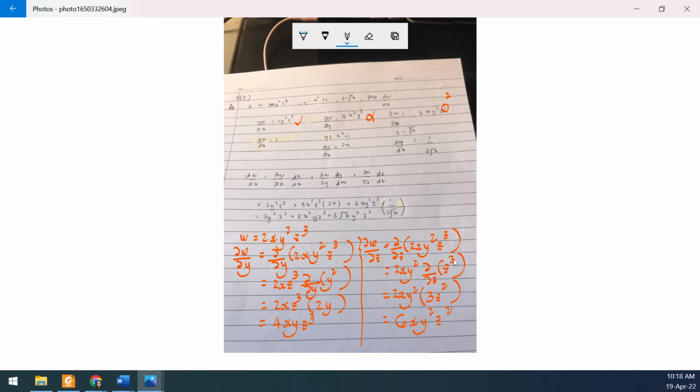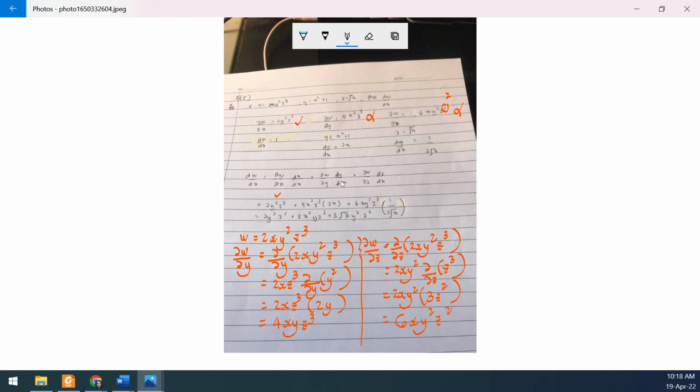Because ∂/∂z of z cubed, the power comes to the front and the power decreases by 1. So 6xy squared z squared. When we mark, if you are wrong a little bit, it is totally wrong already. And then ∂w/∂x will be... this one is correct. dx/dx is 1, correct.